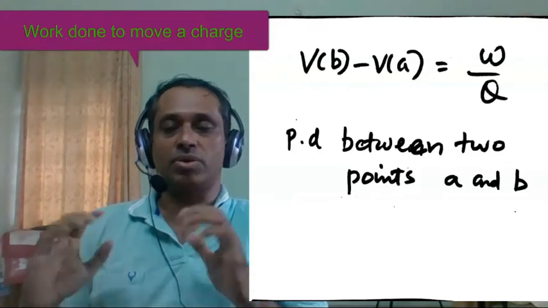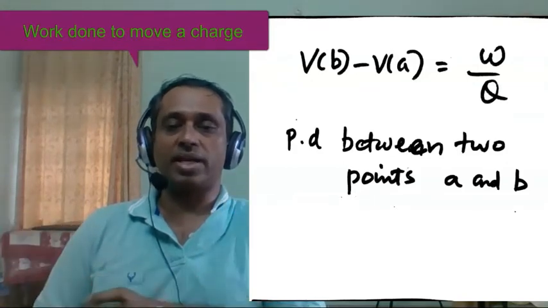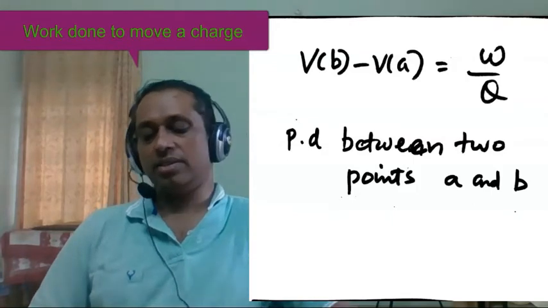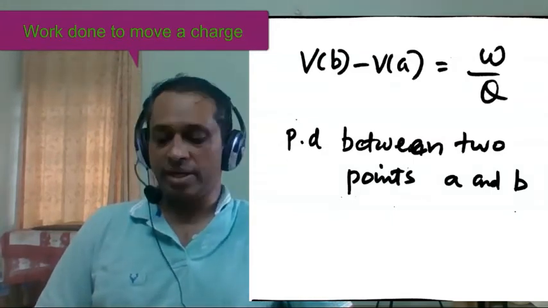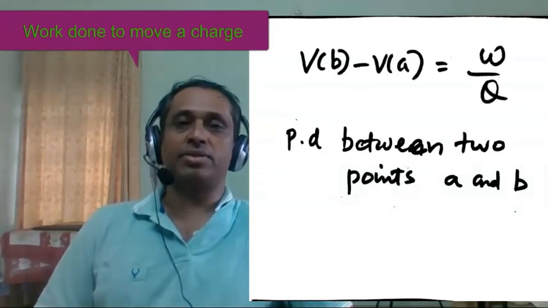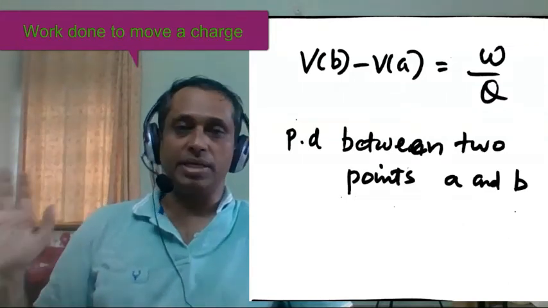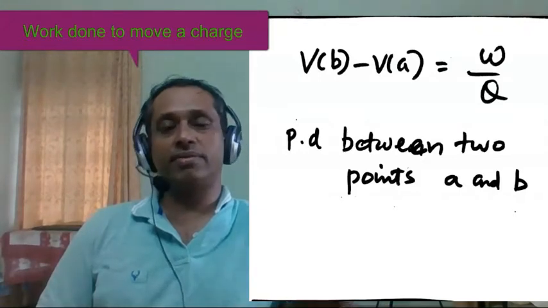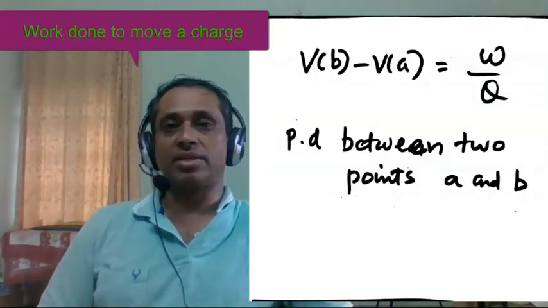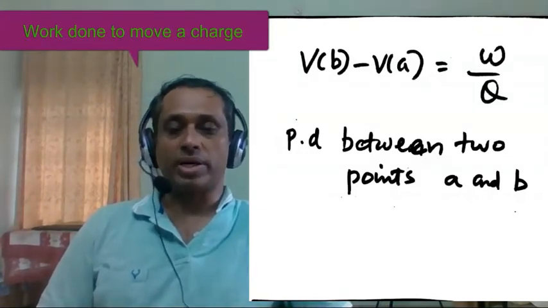So the potential difference between 2 points A and B is equal to the work done in moving a unit charge from A to B. This way we can define the potential difference between 2 points.